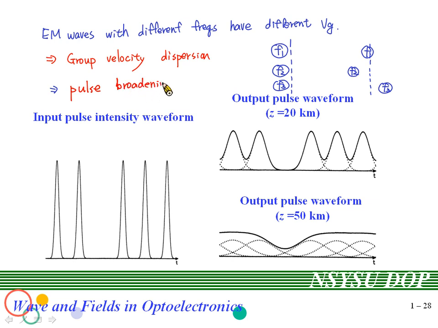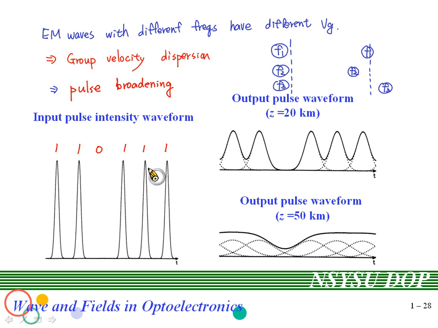in optical communication systems. The figure below shows the problem caused by pulse broadening in an optical communication system. For example, we input a pulse train like this into the system, and you can see that the pulse train carries the signals 1, 1, 1, 0, 1, 1, right?